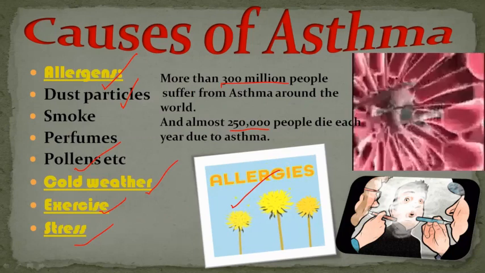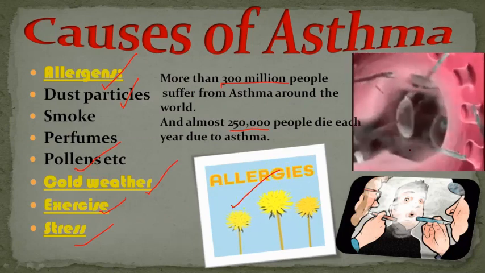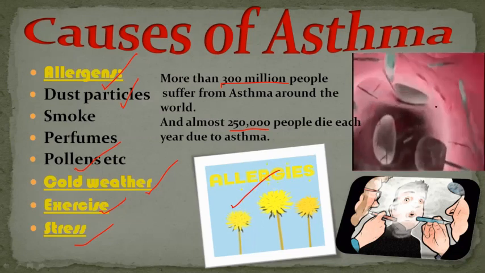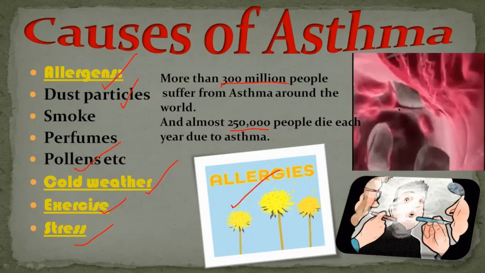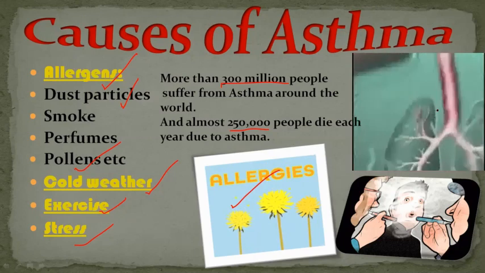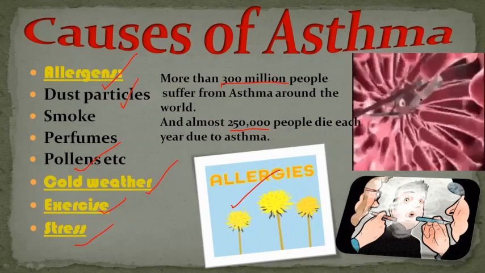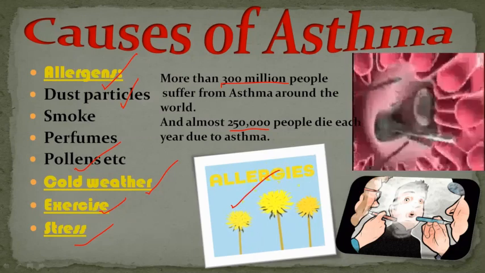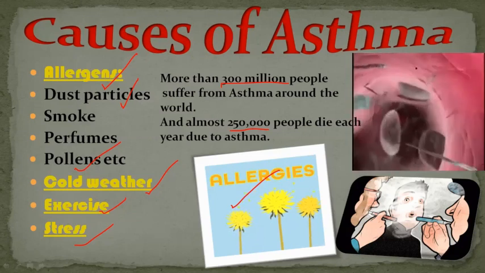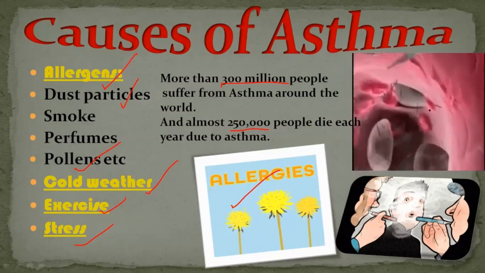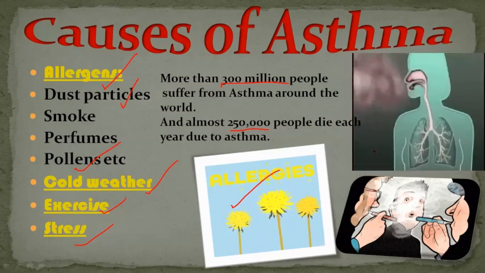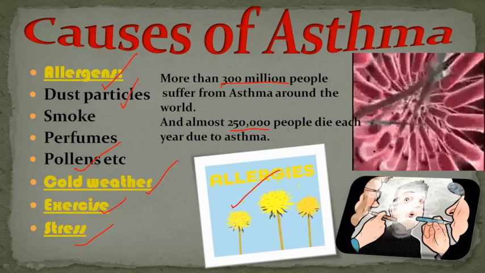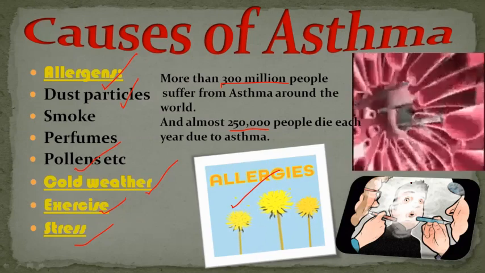Here you can see the smoke is drawn in through respiration, causing breathing problems. Some allergens disturb or stick to our air passageway, and then you can see the inflammation process occur.